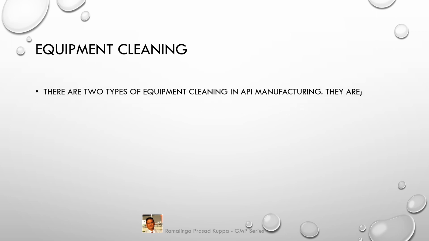There are two types of equipment cleaning in API manufacturing. They are for dedicated processes and for multi-purpose processes. In dedicated process, equipment cleaning is relatively less stringent. Section 12.70 of ICH Q7 prescribes that cleaning validation should focus on potential buildup or carryover of impurities from one batch to the other.